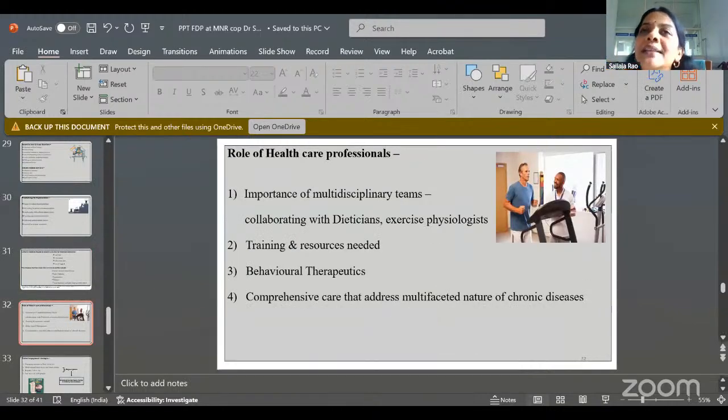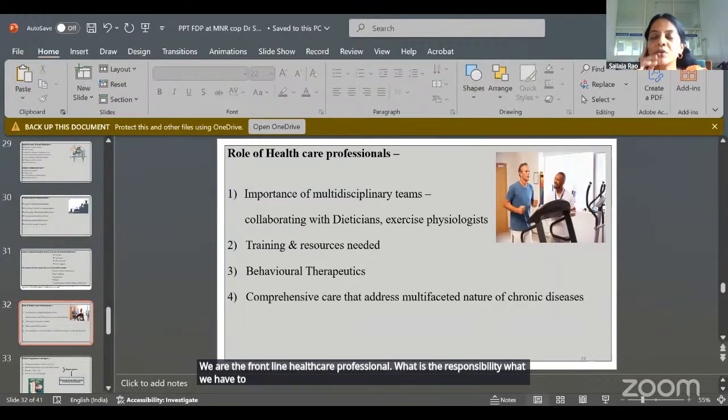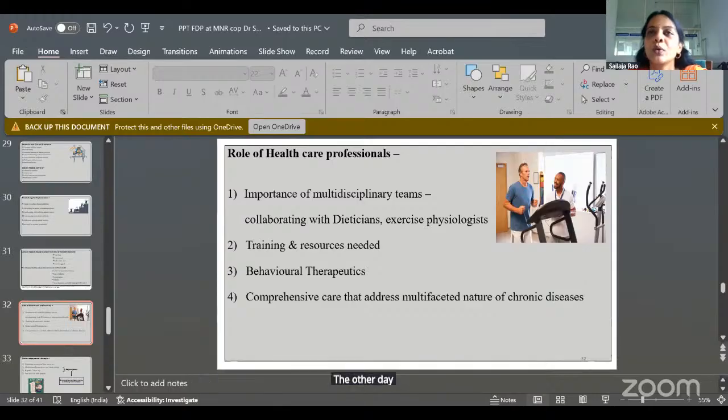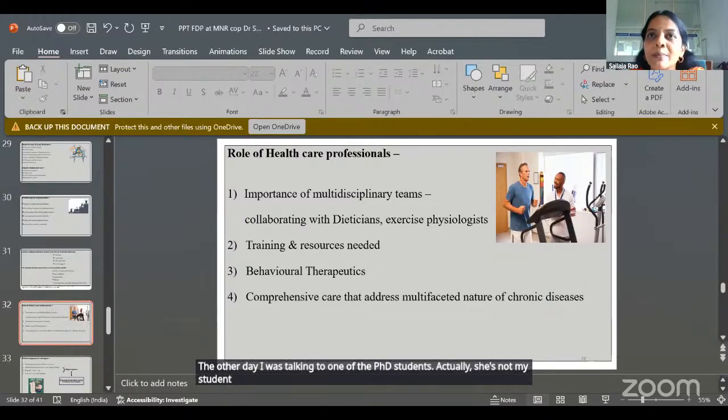The role of the healthcare professional, yes, a pharmacist. We are the frontline workers here. What is the responsibility that we have to take? The other day, I want to share one experience here. I was talking to one of the PhD students. Actually, she's not my student, she's a PharmD graduate working in some college.